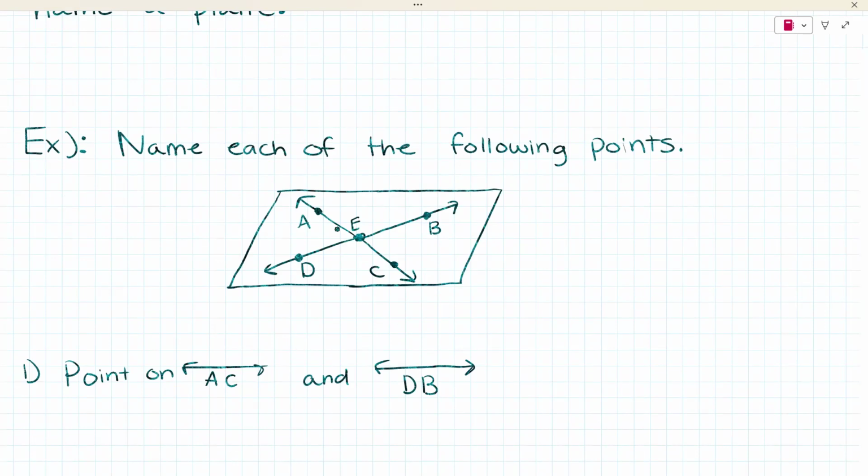We want to know what point goes through line AC and line DB. This is line AC here and line DB there. What point goes through those two lines? Point E.